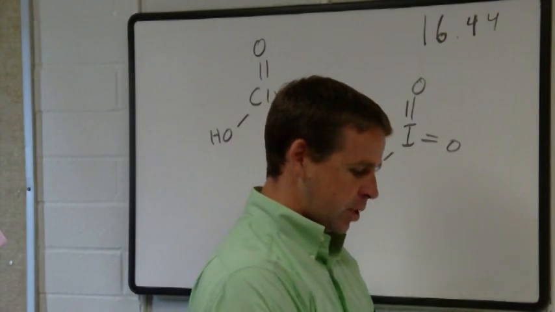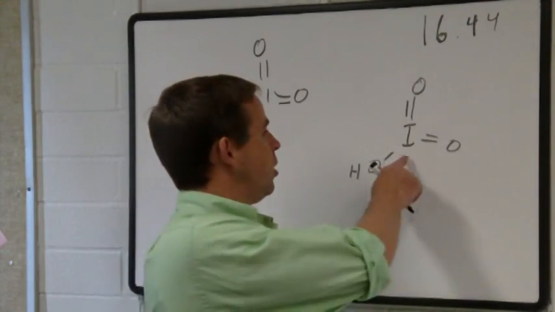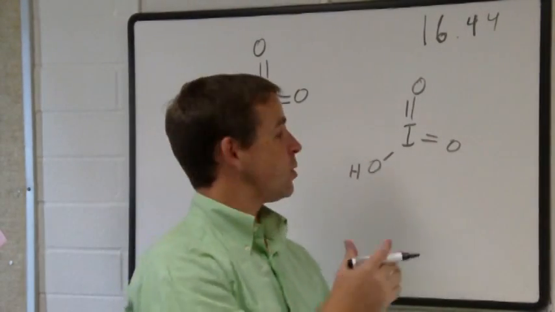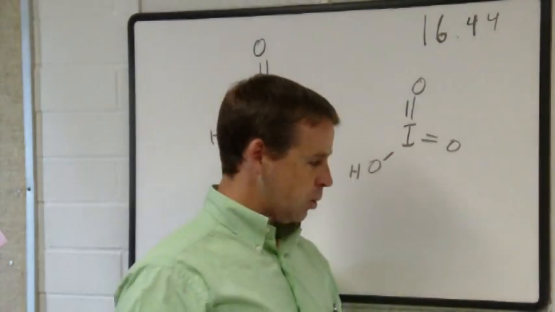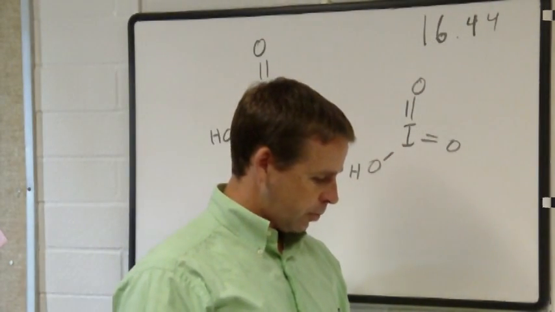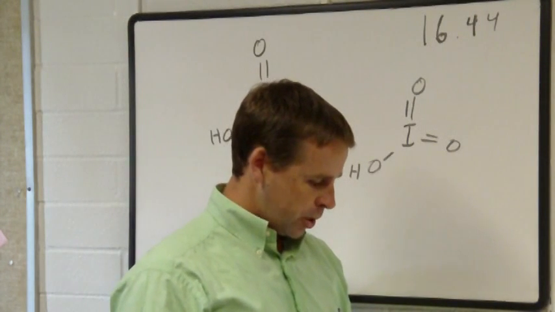Now it has to do with electronegativity. Which one of these can pull the electron density away from the new negative charge that's going to form? Chlorine is more electronegative.